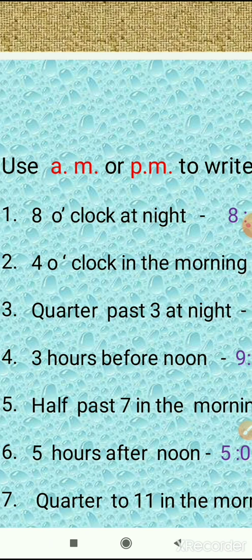3:15 at night. See, students, which time is this? It's night time. Now, how do we write 3:15? 3:15 means 3 o'clock and a quarter past, which means 15 minutes past.